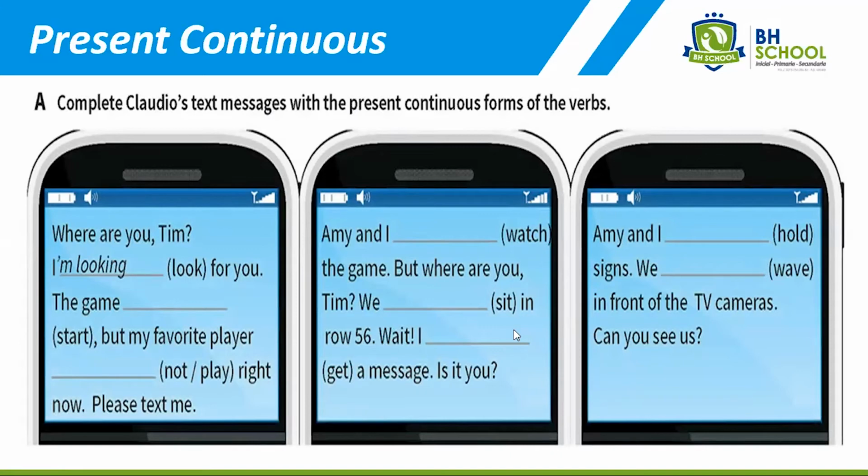We are going to complete them using the correct form of present continuous and using the verbs in parentheses. For example, where are you, Tim? I am looking. The verb is look. I am looking for you. Let's remember that when we use the present continuous, we are going to use the verb be too.